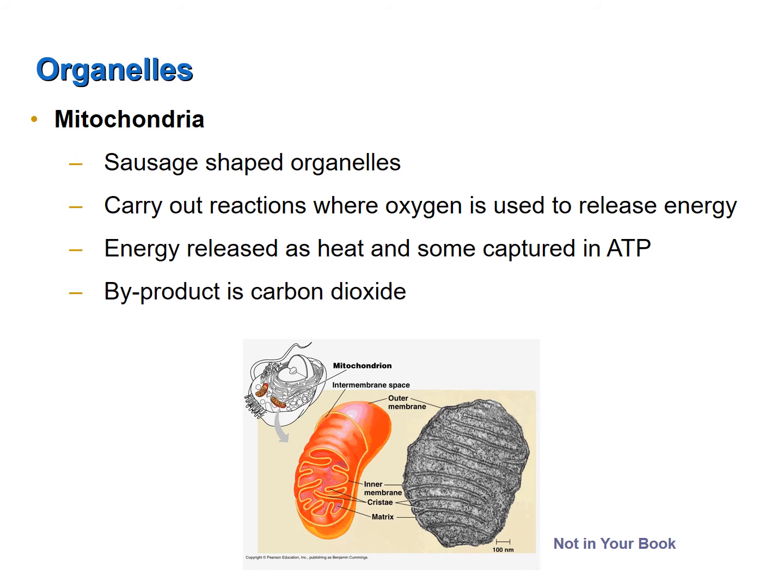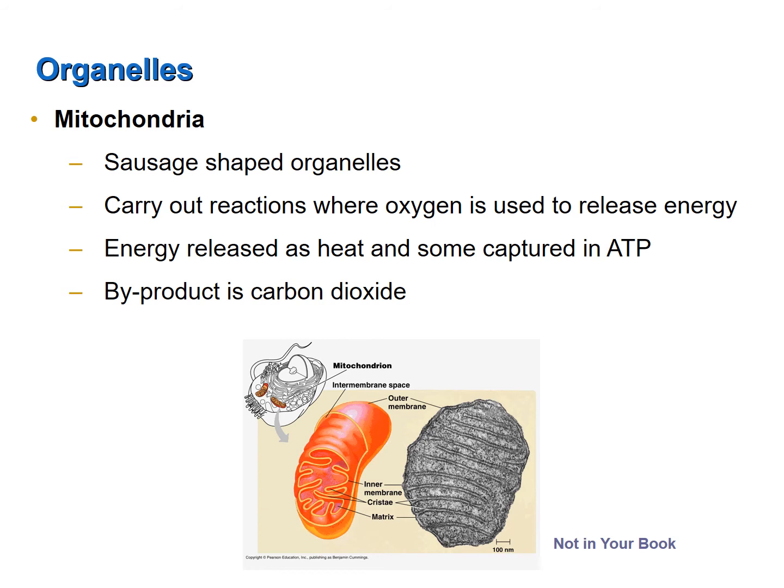As you know, ATP is the energy currency of cells. It is what the cell uses almost exclusively as an energy source. For that reason, mitochondria are often referred to as the powerhouse of the cell.